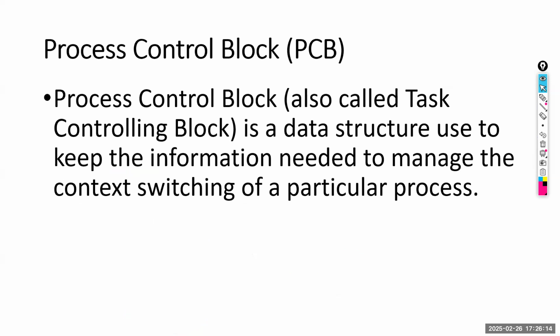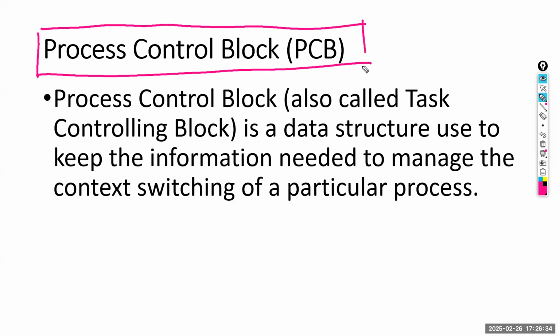Right. So now we move on to another very important subtopic, which examiners have checked in A level, whether you know this: the process control block, PCB. Remember in file handling, last week we discussed something called the file control block, FCB.